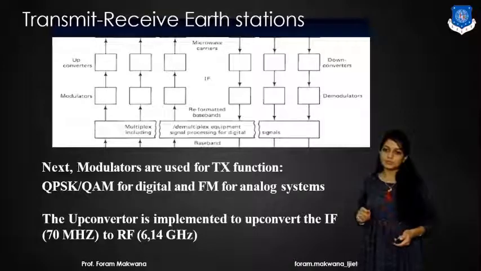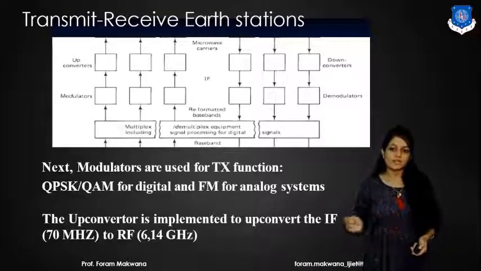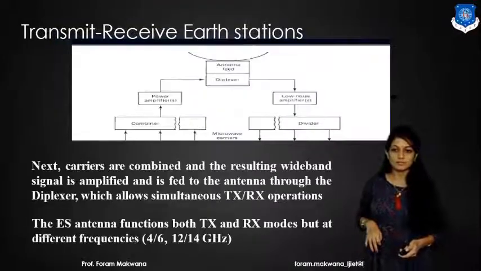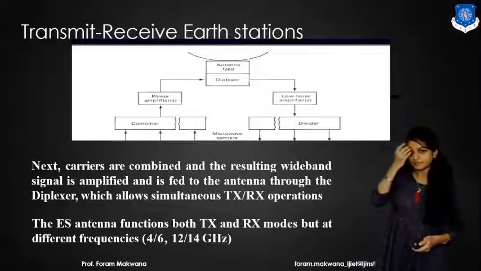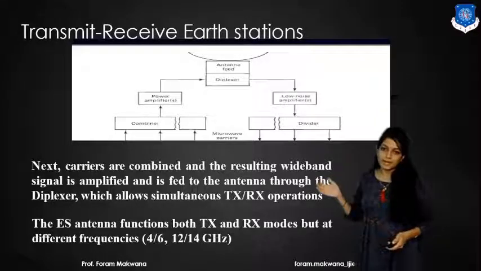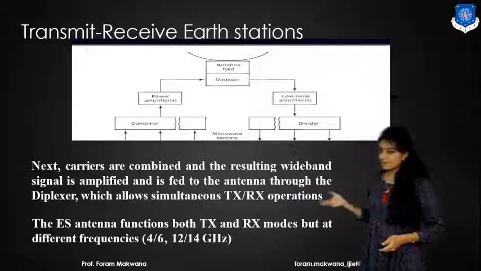The up converter is used to up convert my IF signal of 70 MHz to the RF signal of 6/14 GHz. Alright. Apart from that, the carriers are going to be combined and the resulting wideband signal is amplified and fed to the antenna.